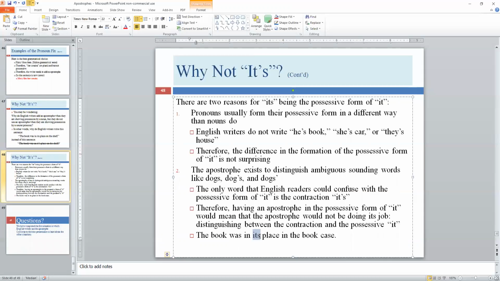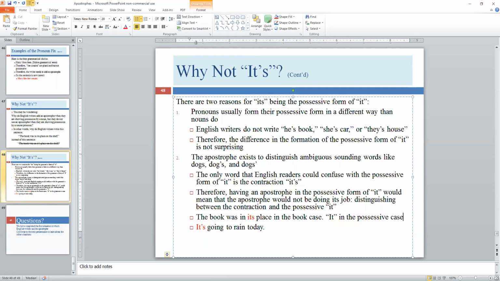So we have its. This sounds like our next sentence. It's going to rain today. In spoken English, these two sound the same, but they have different meanings, right? This means it in the possessive case, and this means it is. It is going to rain today.